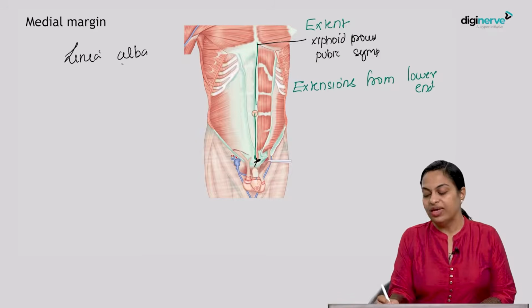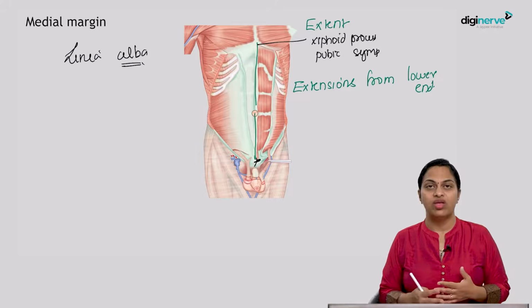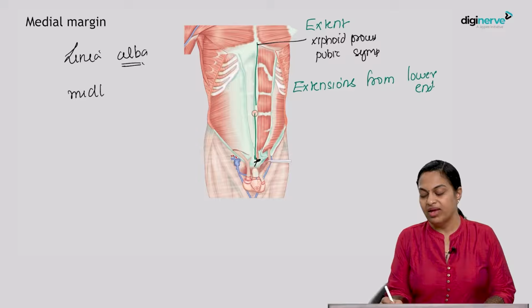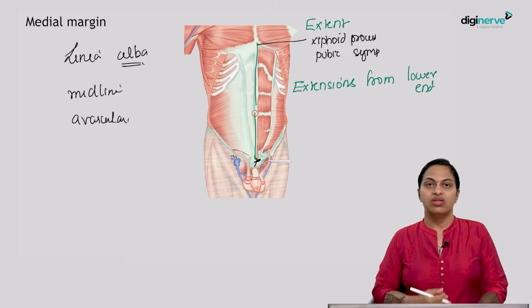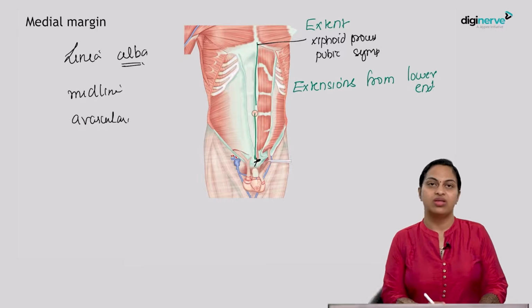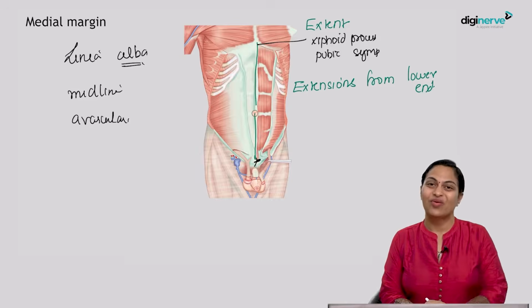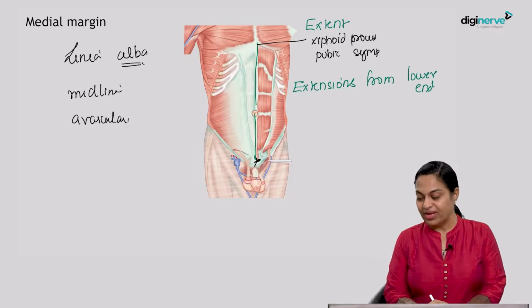Why is it called linea alba? Because it is just formed by the decussation of the aponeurosis of all the 3 flat muscles in the midline, and it is entirely avascular. There's not going to be any blood vessel that you see here in the midline. So the incision here is going to be safe, but the healing is going to be difficult, okay, because there are no blood vessels. It's completely avascular, right?